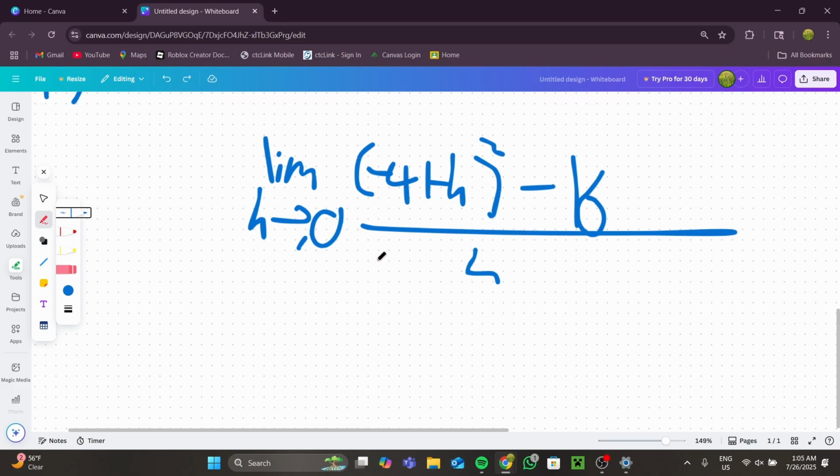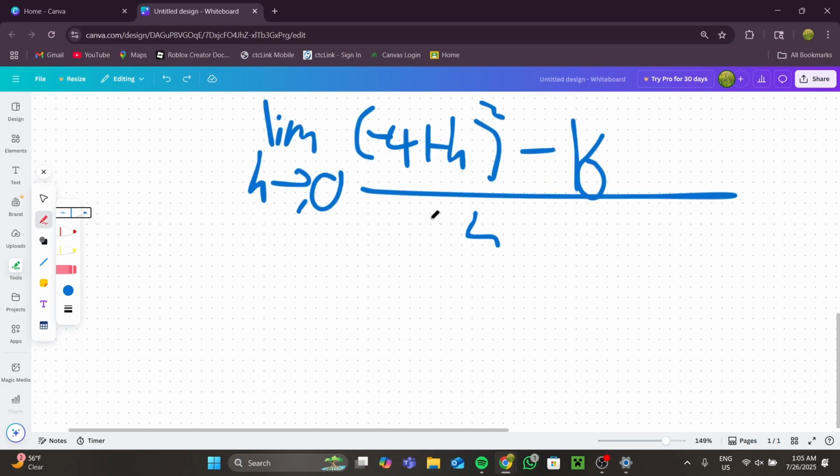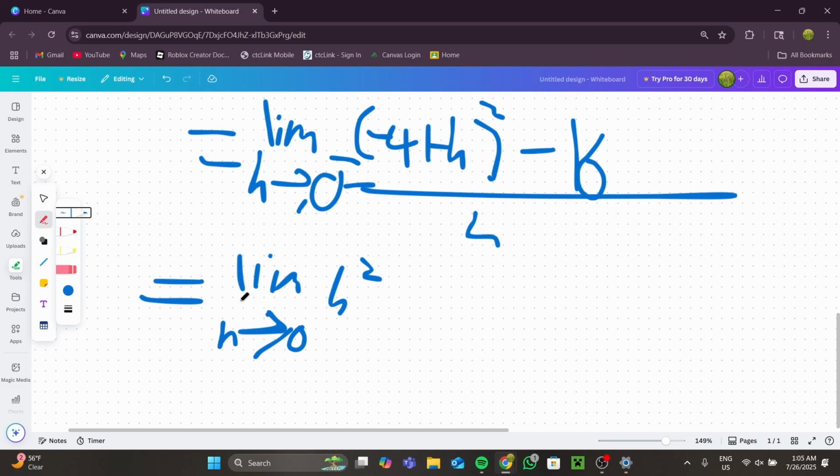Now, if you can't use direct substitution, then you've got to do some math. So (-4 plus h) squared is (-4 plus h) times (-4 plus h), so h squared. Okay, limit as h goes to 0. Another thing to note is, for proper notation, there's no equal sign here because it's all just grouped together, so pretend there's an equal sign here. There we go.